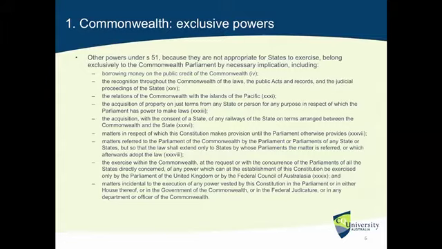And finally, it is within the exclusive power of the Australian Commonwealth to legislate on matters which are incidental to the execution of any power vested by this Constitution in the Parliament, or in either house thereof, or in the government of the Commonwealth, or in the federal judicature, or in any department or officer of the Commonwealth.